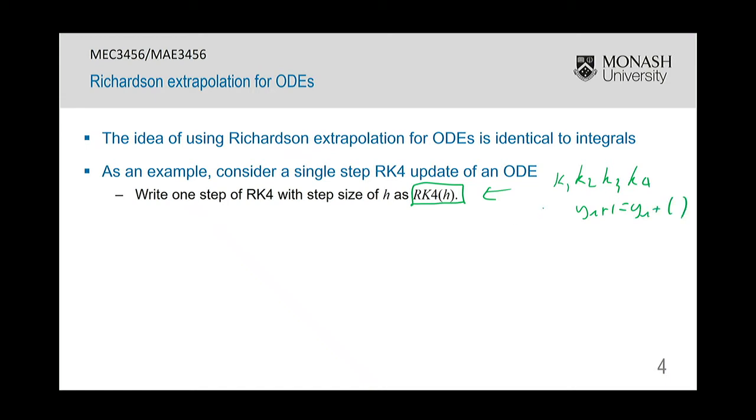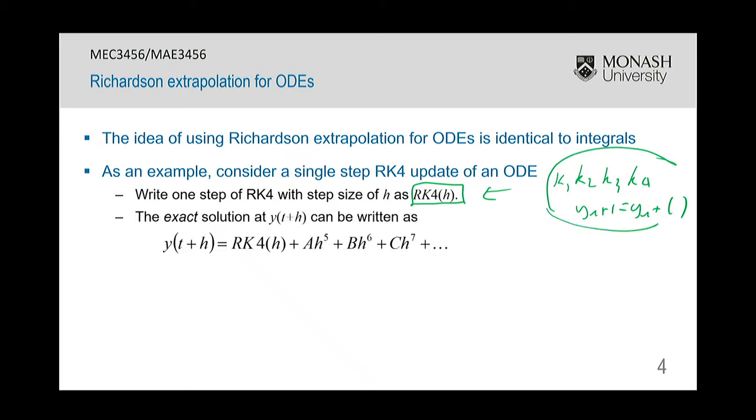So this represents the process of doing all of this. So the exact solution of the ODE at y of t plus h can be written as y of t plus h is equal to our RK4 estimate with a step size of h plus a series of error terms. And as always, we're interested in the highest order error term, this a h to the fifth. And a is some coefficient that we don't know the value of.